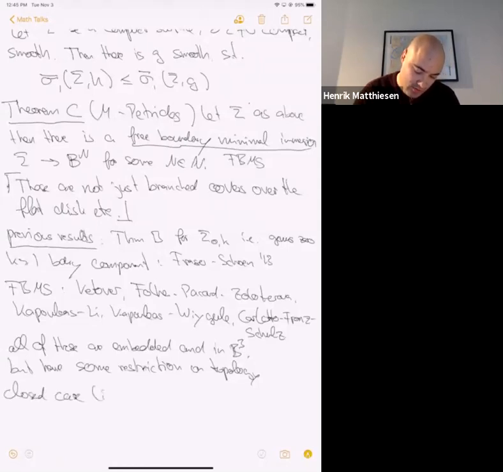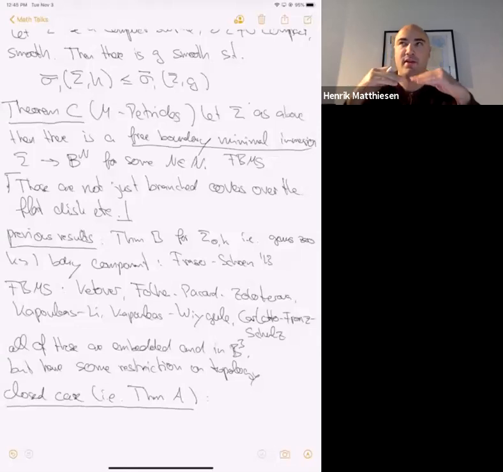Closed case, meaning theorem A. The first ingredient is that you want to solve this maximization problem in dimension 2. So you should do the thing you always do: you split up your metric into the moduli space direction and the conformal direction. And then if you fix the conformal class, this problem had been solved earlier.